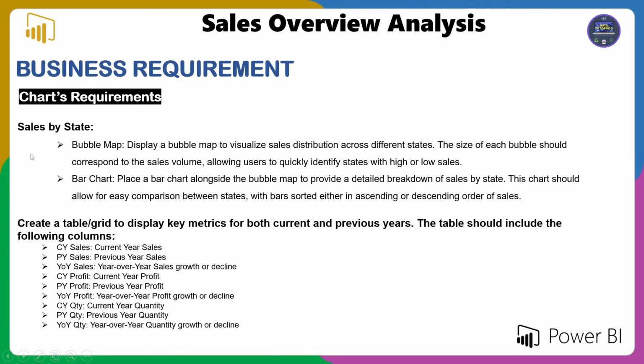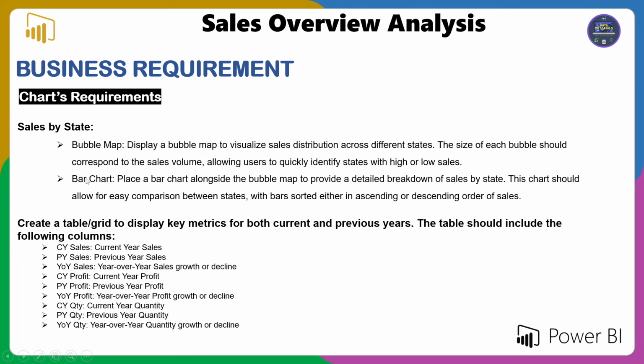So that's what we are first going to find out: sales by state. And as I showed you, we are going to create a bubble state map for the sales distribution across different states. And you know that the size of each bubble should correspond to sales volume with respect to whatever metrics we are choosing. For sales, it should show sales, profit, and the quantity as well.